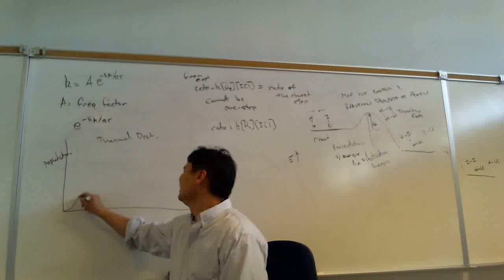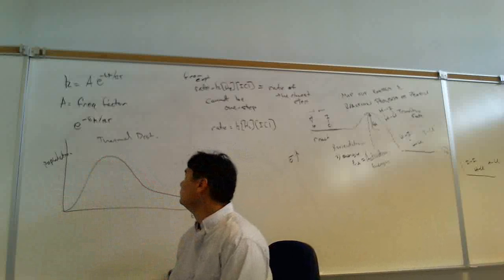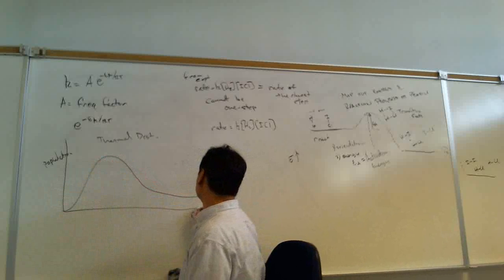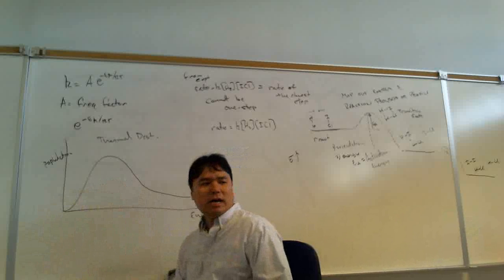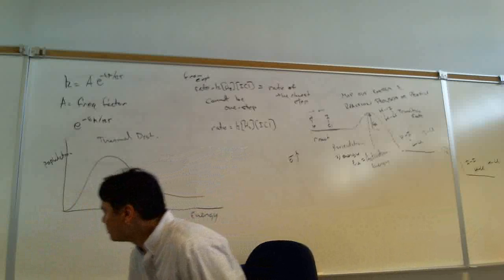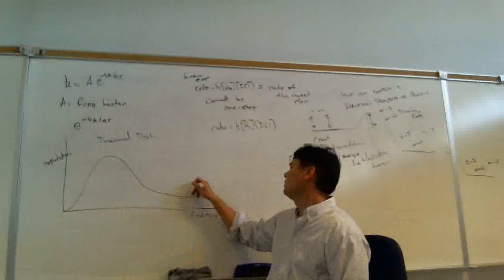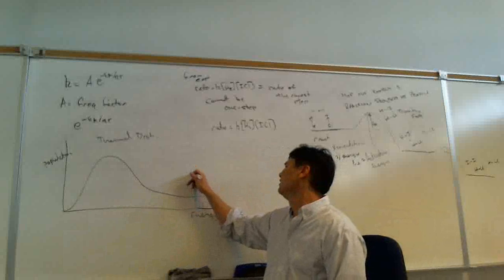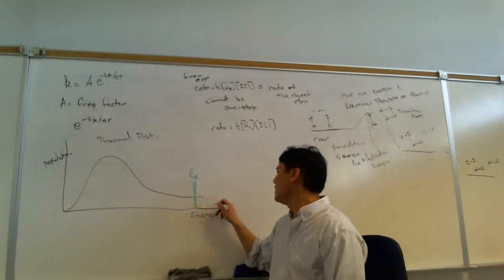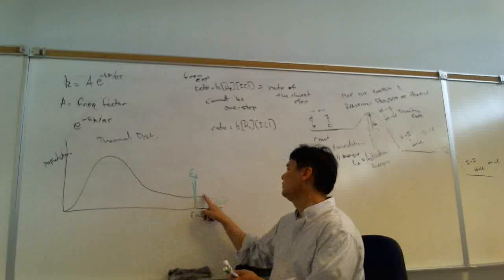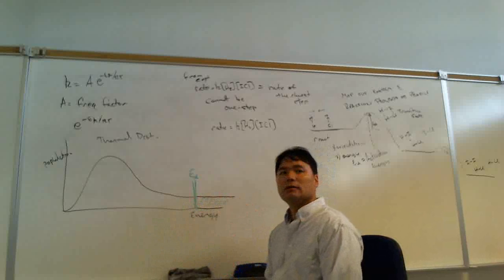Bell-shaped with a tail. Now, do all these have enough energy? No, it turns out that only a limited number of those have enough energy. That limited number will be the ones with an energy greater than E sub A. And so if this is my E sub A, then this population has enough energy to react potentially. Right?